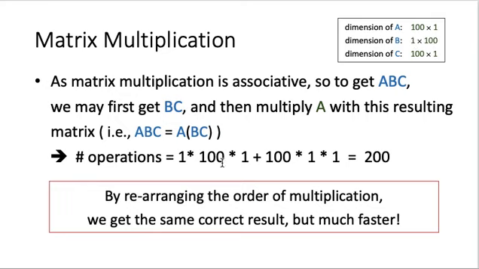After that, BC will be a 1 by 1 matrix. To get the result of A multiplied by this 1 by 1 matrix, the number of operations will be 100 times 1 times 1. So in the end, after doing this summation, we get 200 as the value.